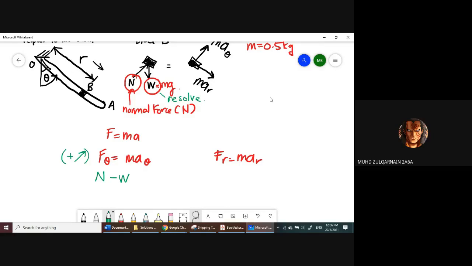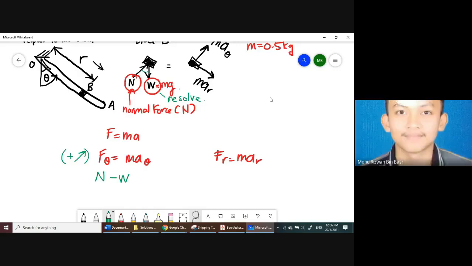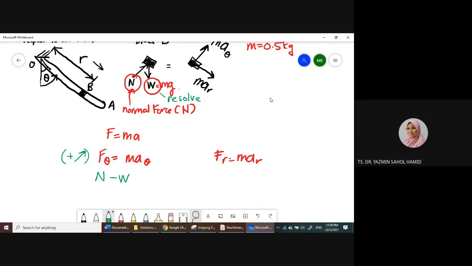Cos. Class, I don't have time to explain why cos, why sine, because this is basic. We need to speed up. Equals m.